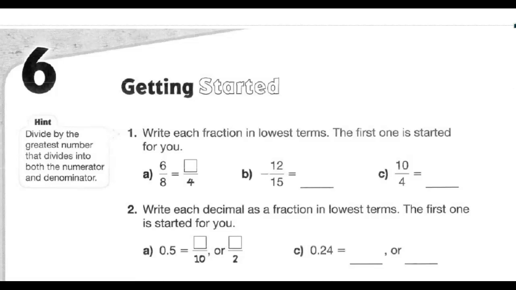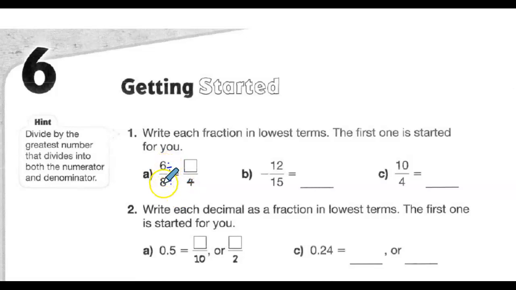All right, so in the getting started, it's just reviewing some concepts that will be helpful in this unit. So first one, it says write each fraction in lowest terms. The first one is started for you. So basically, it started because it's giving you the new denominator. So remember, when you're putting in lowest terms, you're dividing by the same number, top and bottom.